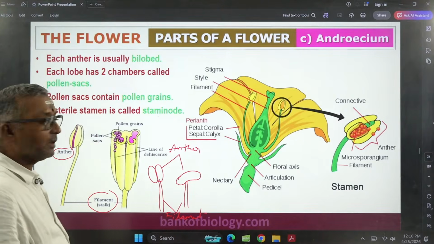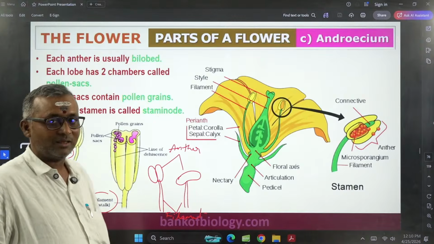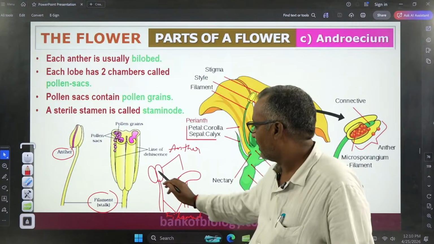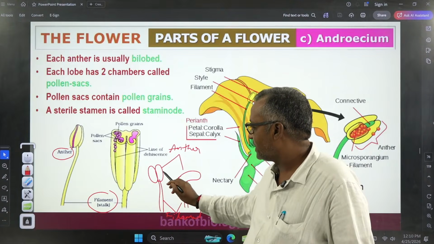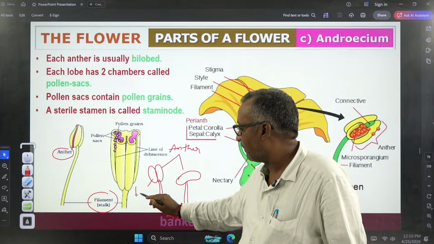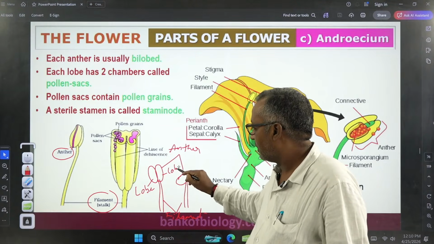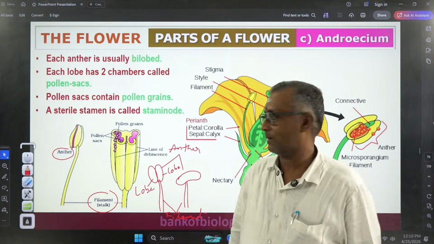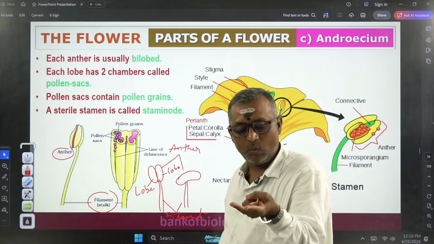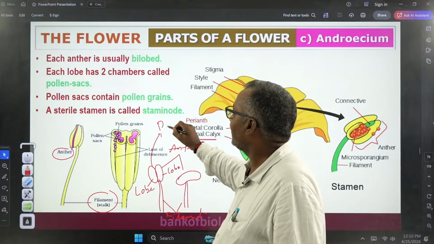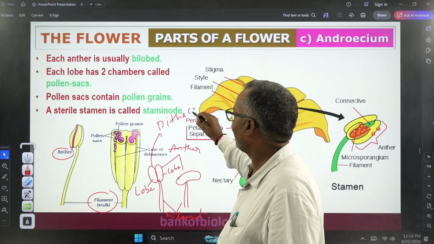And these anthers are again of two kinds. Look at the board. I have given two lobes here. This is one lobe and the other one is another lobe. There are two lobes in this anther. If there are two lobes in an anther, then such anthers are called dithecous anthers.